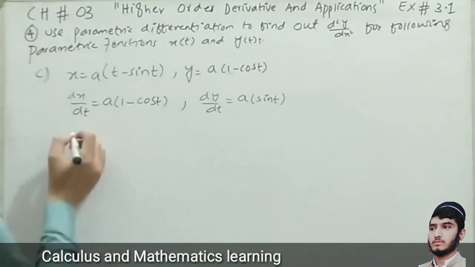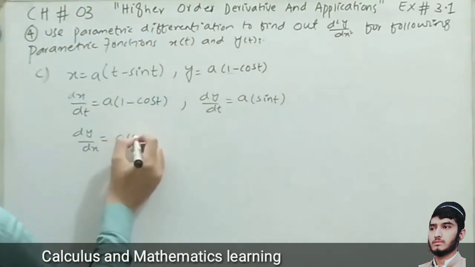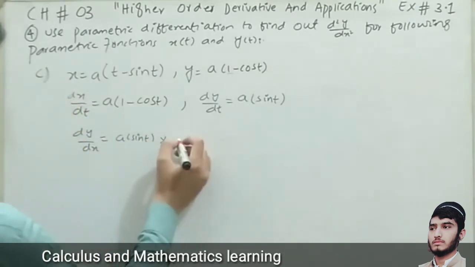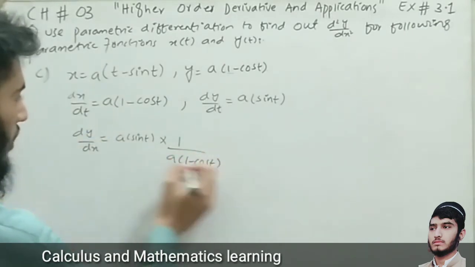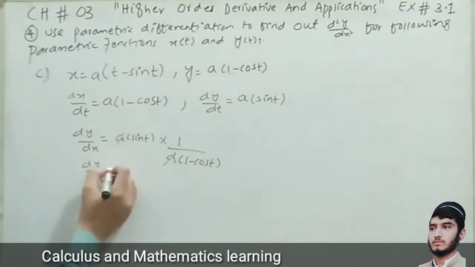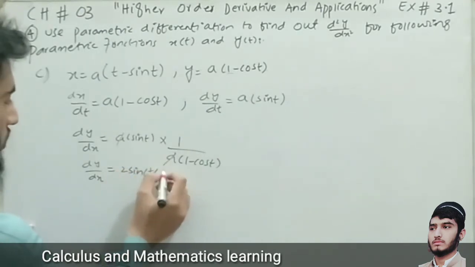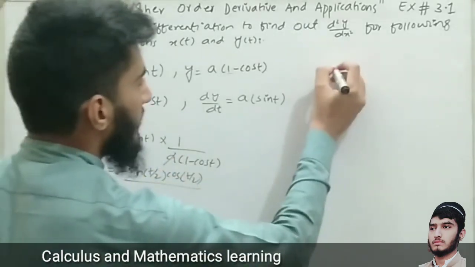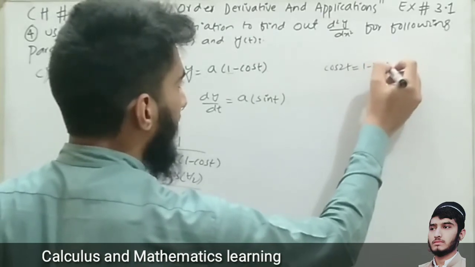Now after this we are going to find dy by dx, which is dy by dt multiplied by dt by dx reciprocal, so it becomes dt by dx, which is 1 over a into (1 minus cos t). The a cancels out with a, so we are left with dy by dx. You know that sin t is equal to 2 sin t/2 cos t/2, divided by, you know that cos 2t is equal to 1 minus 2 sin square t.